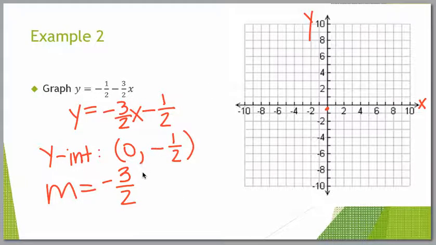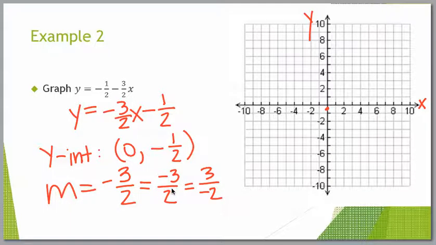Remember, we have options. We can either have negative 3 over 2 or 3 over negative 2. I'm going to graph with this one first, then we're going to go back and check to show you that this one is also fine to use. They both work. And that's the cool thing about math. You have a lot of different options.